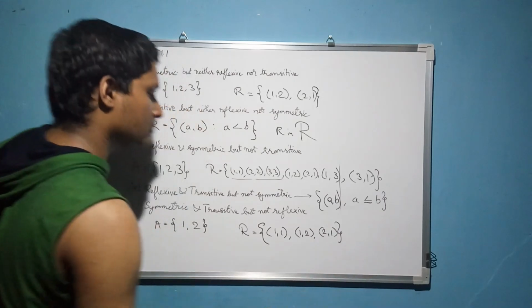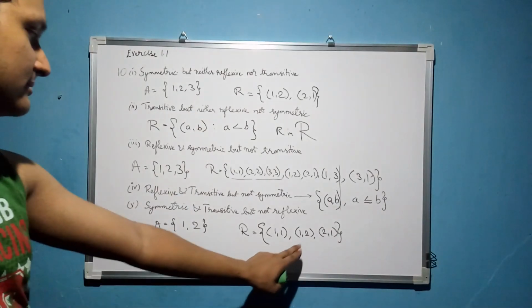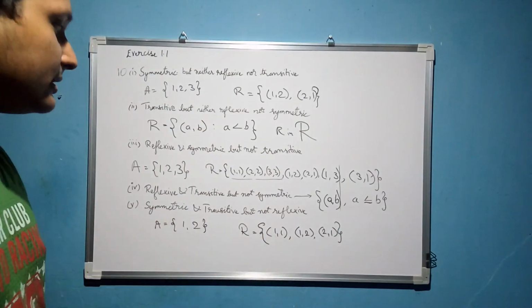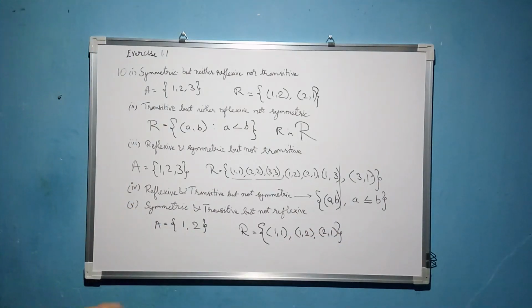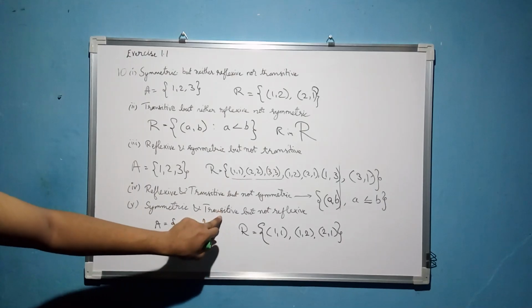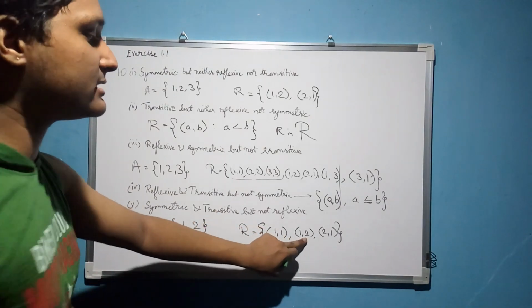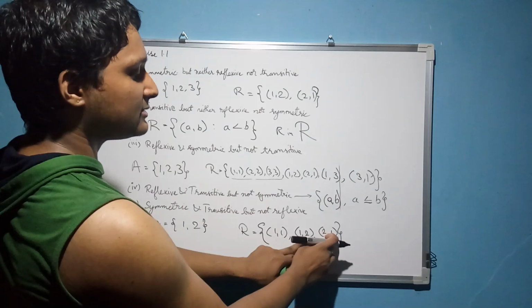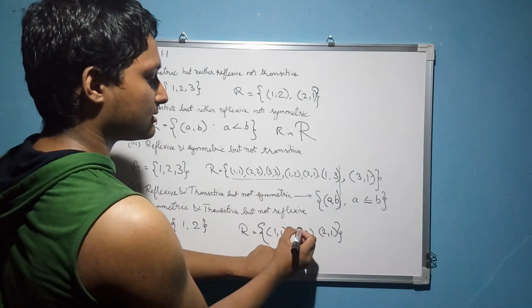By saying this, we can make out that it is symmetric. (1,2), (2,1) is present. There is no other element that shows symmetry. Then to show transitivity, (1,2) is present, (2,1) is present, so (1,1) is also present.